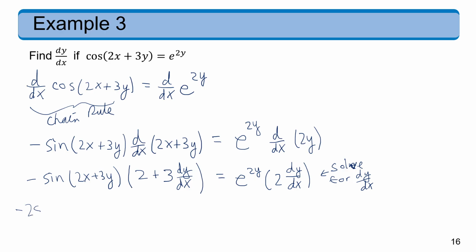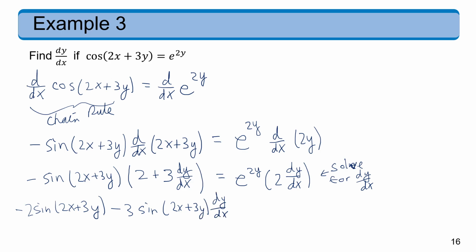Negative 2 sine of 2x plus 3y, and then distribute that sine term to the second term. We'll get minus 3 sine of 2x plus 3y multiplied by dy/dx.